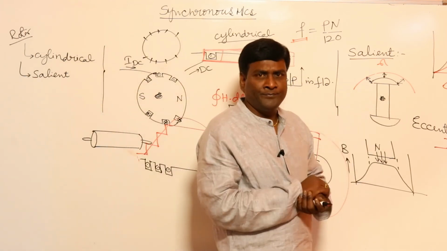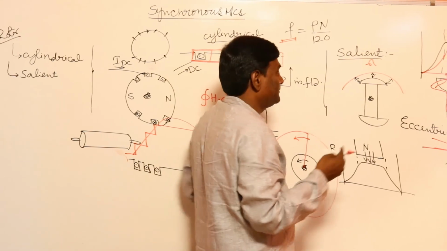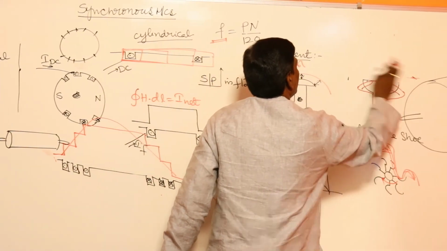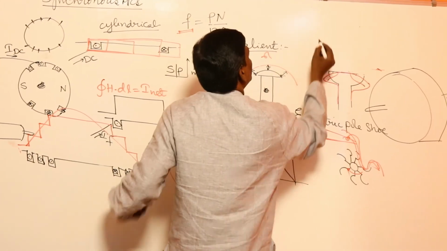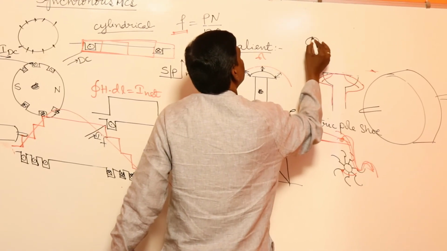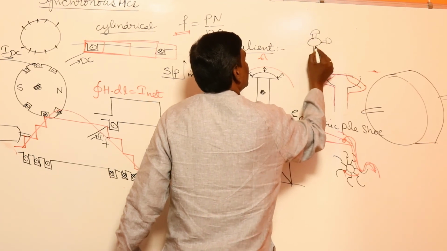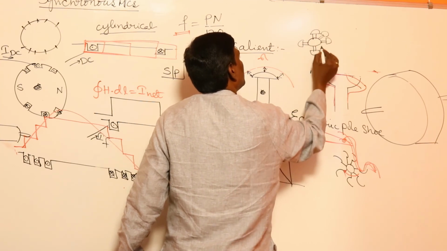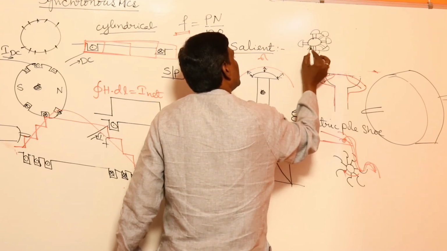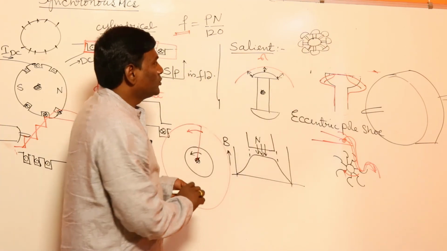Now coming to the salient rotor. If the speed is less, the number of poles should be more. What we are going to do is, this is going to be the hub. We can keep a pole here, here, here, and one more pole here, and so on.